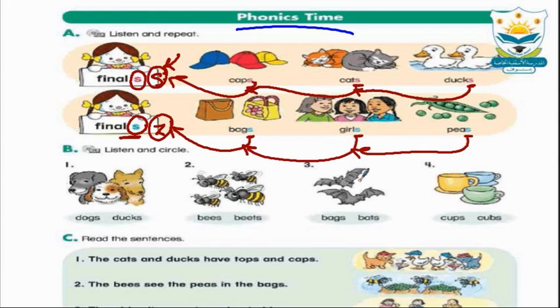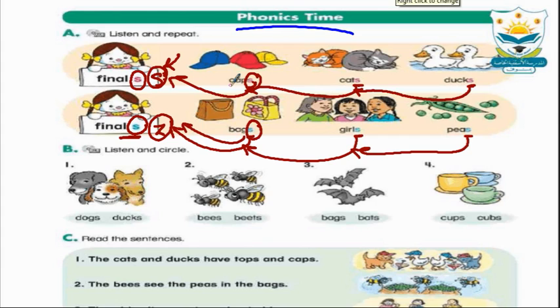Okay? Again, fourth year, we know the difference between words that end with s and are pronounced s, and words that end with s but are pronounced z.